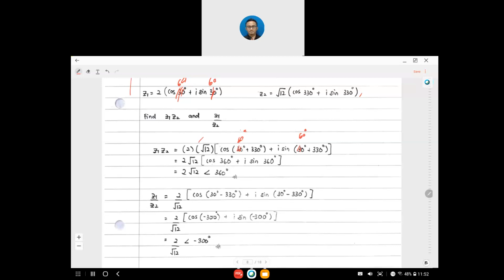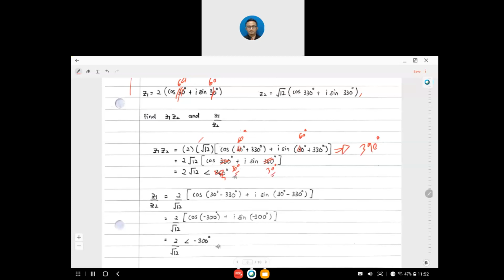Sebab kalau awak tambah tu dia akan jadi 390 lah here. So 390 more than 360. So this one become 30 je lah. 30 degree. Okay, because when you add the summation here, you can get 390 kan, which is more than 360. So kita tolak dengan 360, awak akan dapat 30 degree.